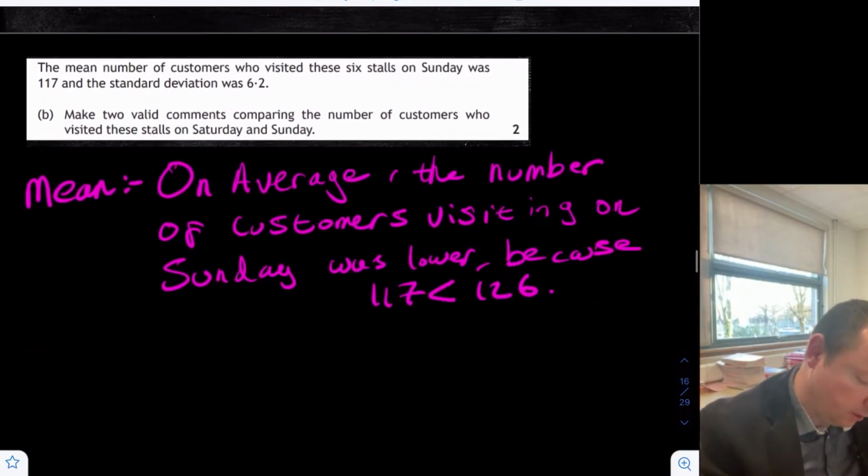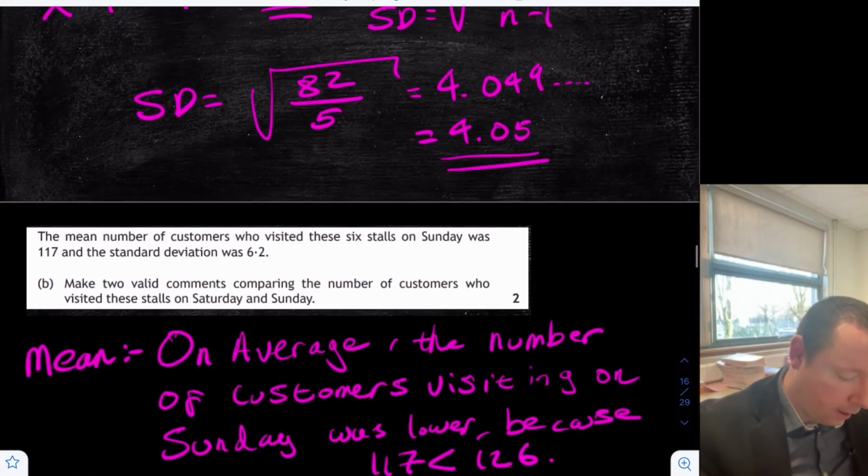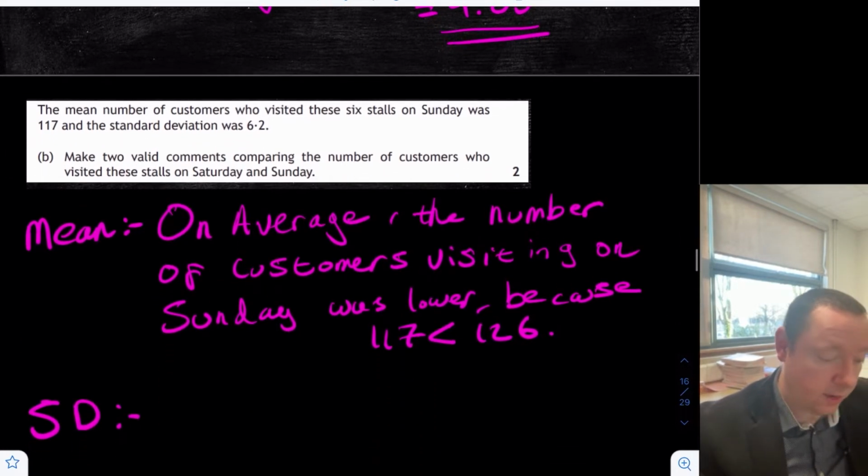Now comparing the standard deviation. Standard deviation is all about consistency. Lower standard deviation, more consistent. So on Sunday it was 6.2. On Saturday it was 4.05, so that's bigger on Sunday.